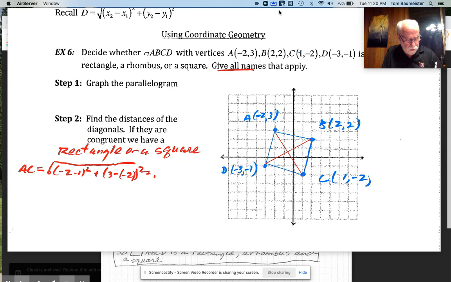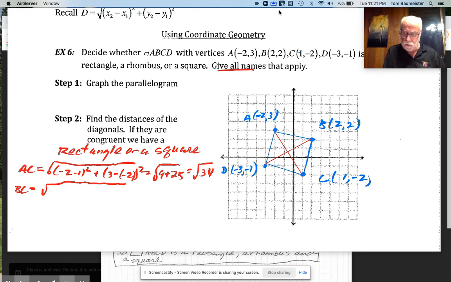So that'll give us the square root of 9 plus 25, which will give us the square root of 34. Now, since it's just asking us what we have, I would just leave it under the radical like that, because you'll see if they are congruent, they're both going to have to be the square root of 34. You don't really have to work it out unless it tells you to, but I don't think it's going to.